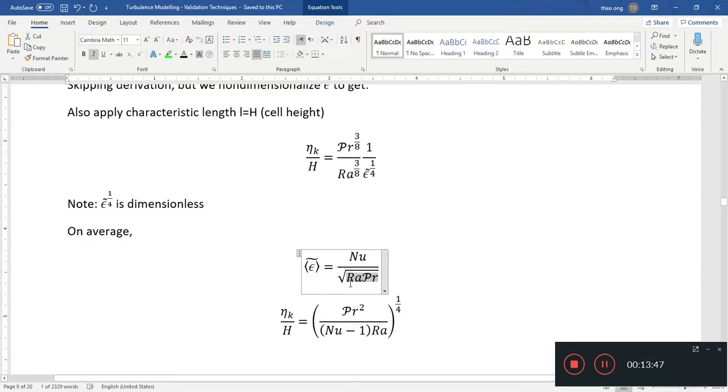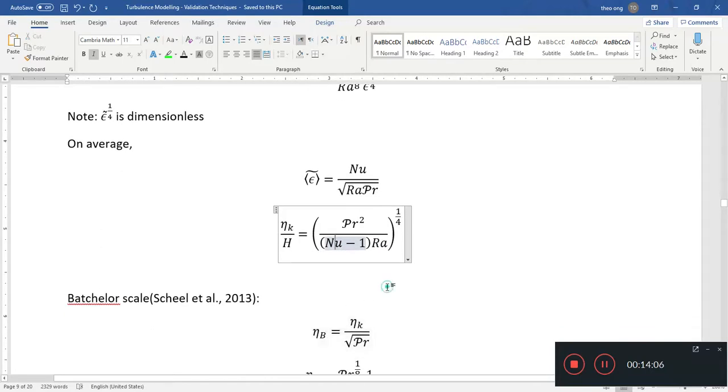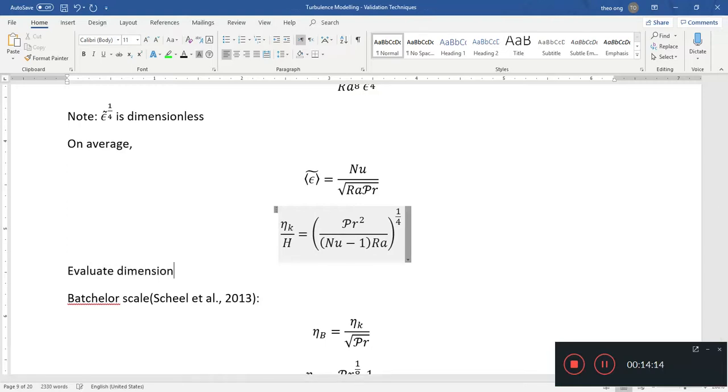So I'm skipping all of that, I'm just giving you a rough overview. And therefore for your Kolmogorov scales, if you just substitute all of these into here, then you will get this correlation here. Very nice, very neat. So you'll need to know your Prandtl number, your Rayleigh number, and of course the Nusselt number. And for most of the correlations here, remember we need to evaluate the dimensionless numbers, the fluid properties of them, because all these will be determined by some thermal diffusivity alpha, momentum diffusivity.